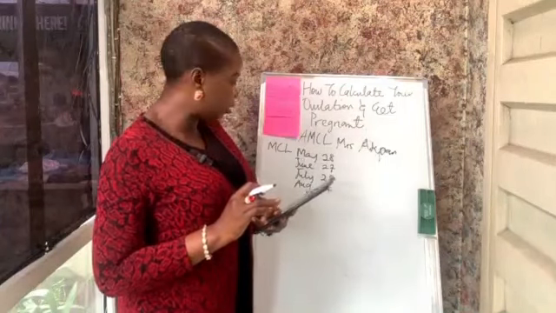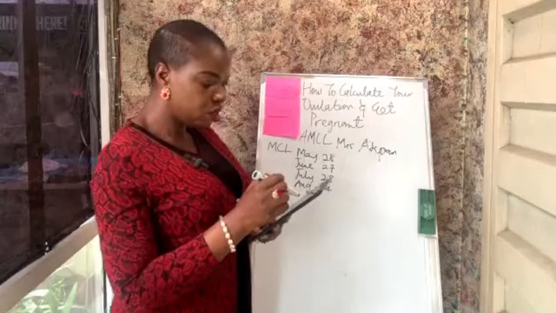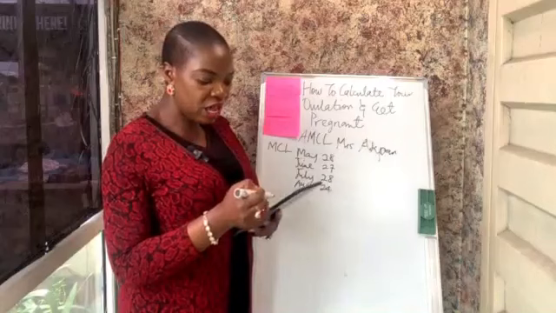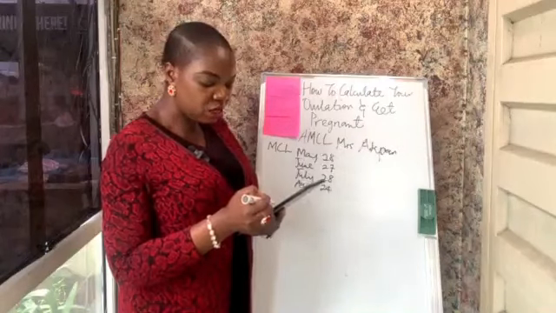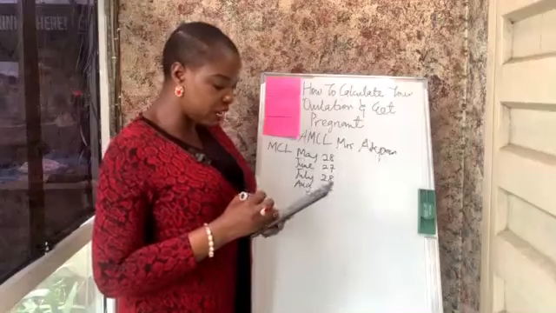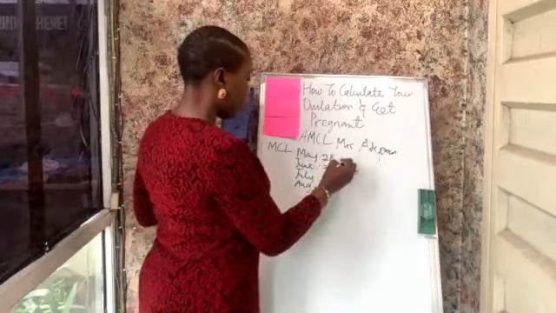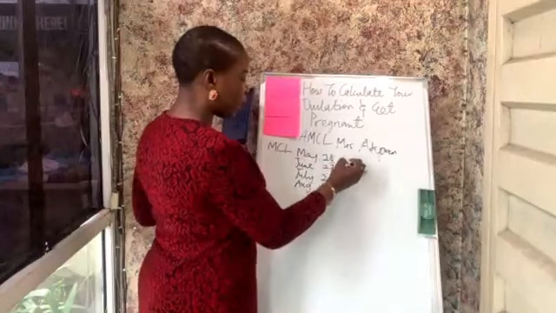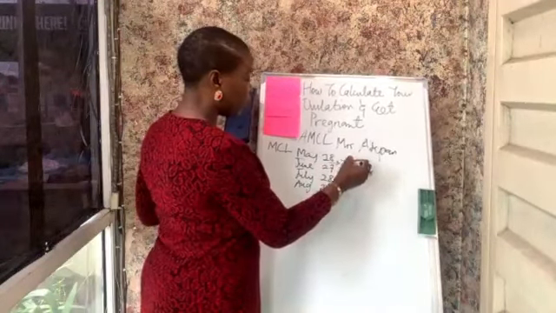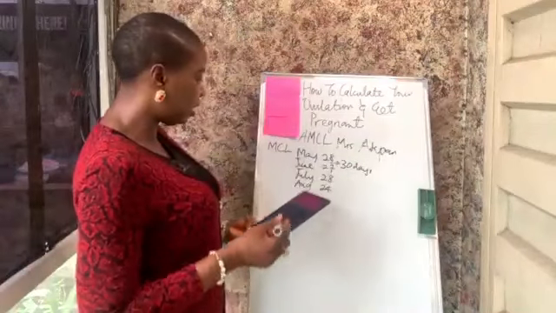So 28th to 4th of June is 7. Then 11, 14, 21, 28, 29, 30. So from May 28th to June 27th was 30 days. So this length is 30 days.